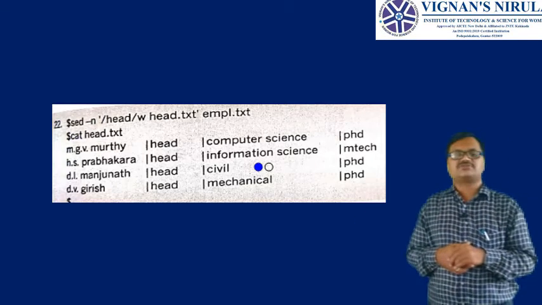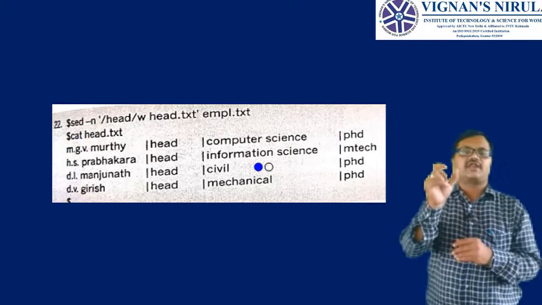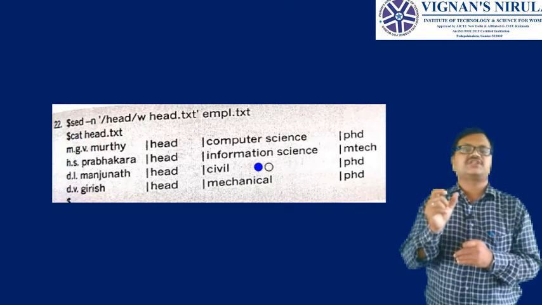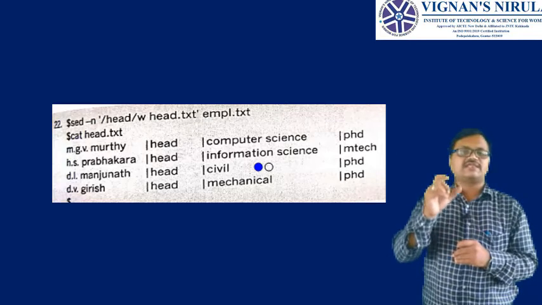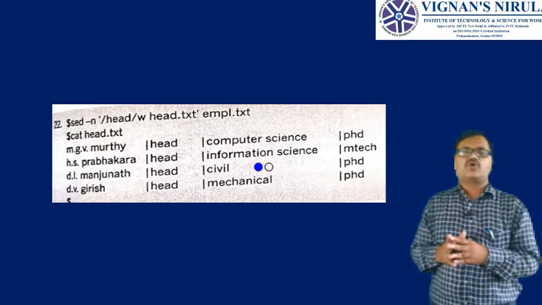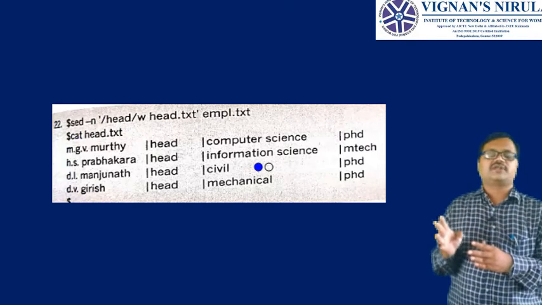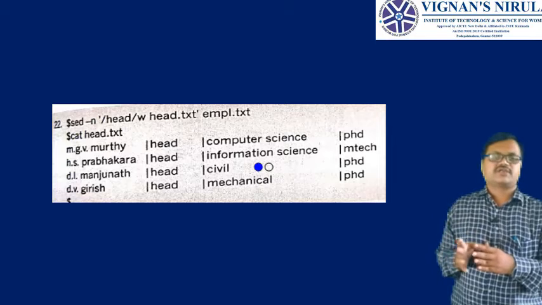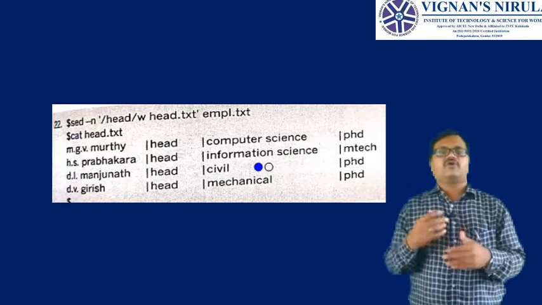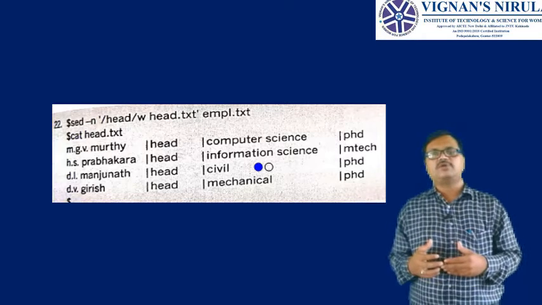What happens is the pattern head is first searched in the file, and those lines, there are 4 heads and 1 principal in the file called empl.txt, so all the 4 heads' data will be written into a file called head.txt. This is the way of using the write command, that is the W command.